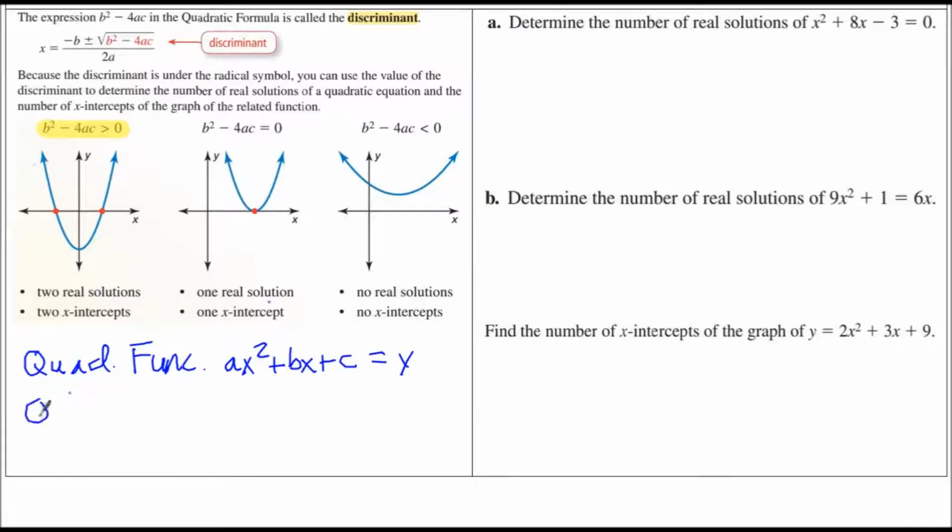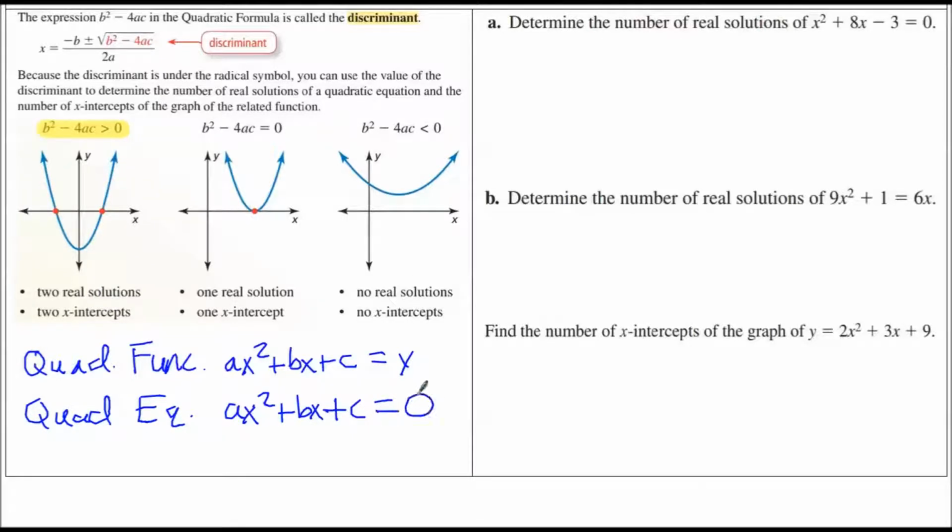Well, the quadratic equation, which is what you can use the quadratic formula on, looks a lot like it, but instead of y, it's 0.